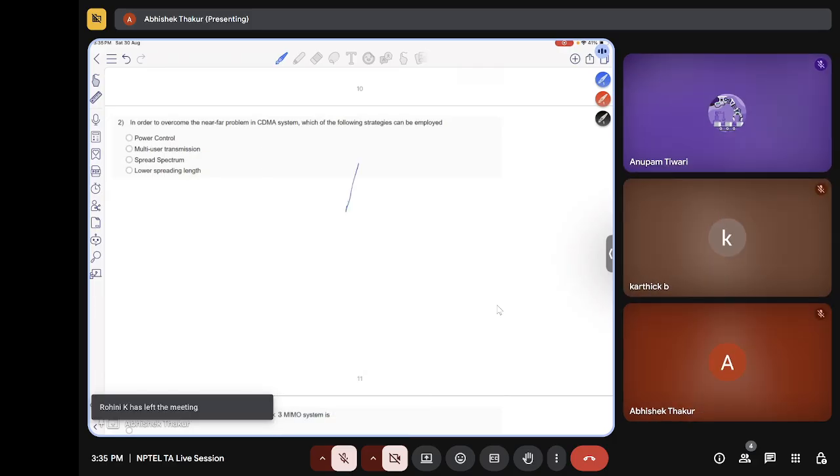Let's suppose this is our transmitter, our base station, and a user is situated very near to it, and the power transmitted is P1, and one user is situated very far from it, with power P0. To avoid the near far problem, we have to transmit lower power to the user which is nearby, and higher power to the user which is far.